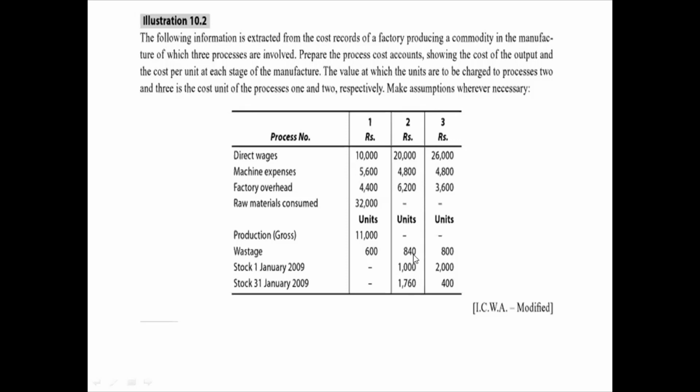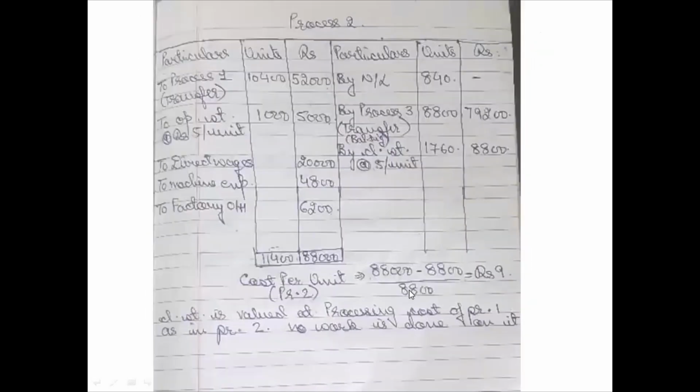So let us quote these two important quantities. This we have already utilized. These 1000 units were opening stock and we have mentioned them on the debit side of the process account. Second, these 840 units of wastage and these 1760 units of closing stock are going to be mentioned in the process account.